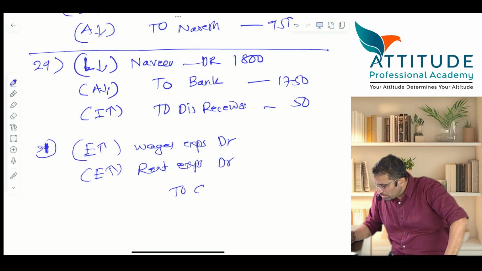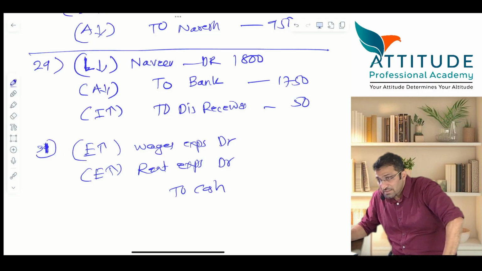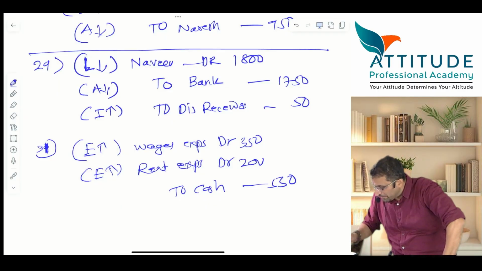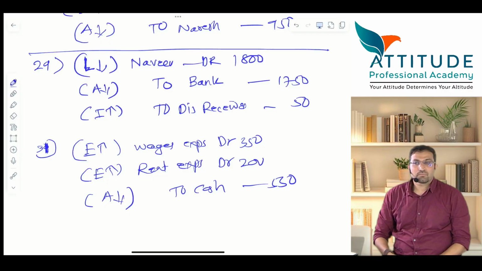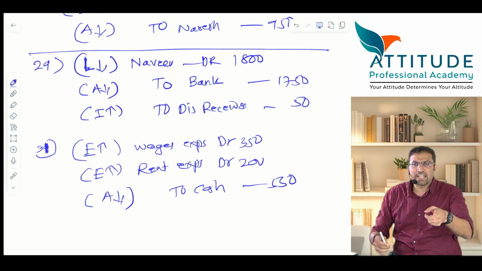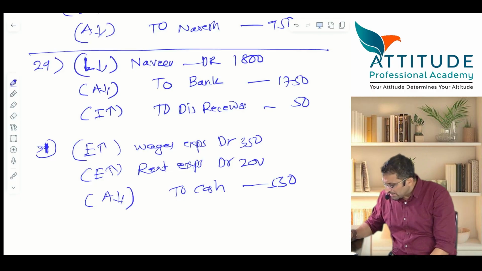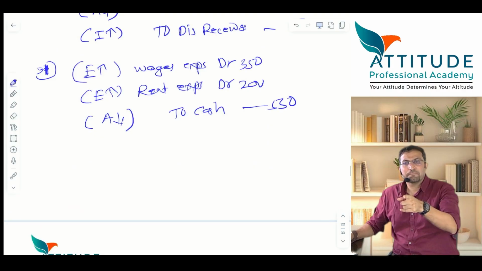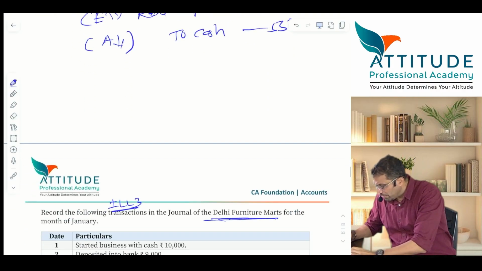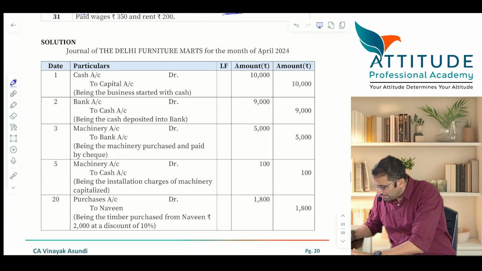To, how much are you paying for wages? And how much is rent? Total is 550. Asset reduces. Is that clear? Is that clear? Any difficulty? Okay. Getting it? Okay, now wait. Fun. We will have fun now. Wait.